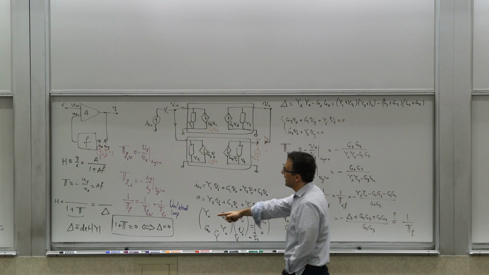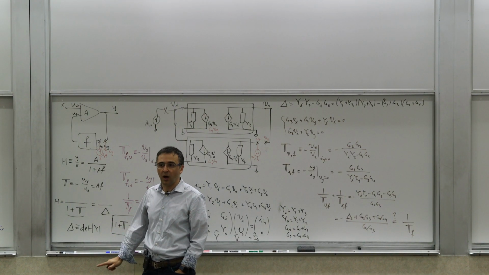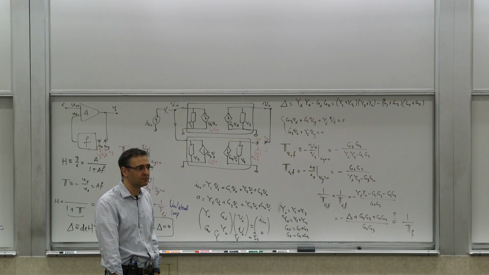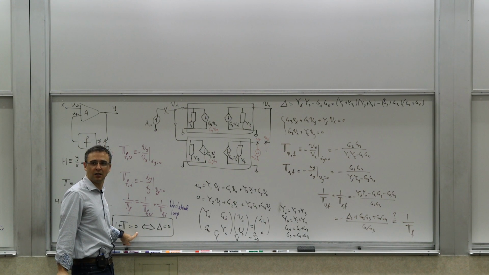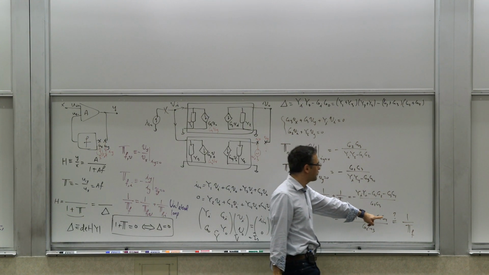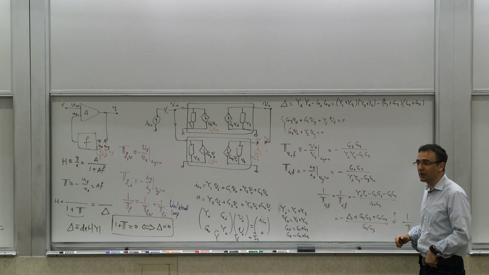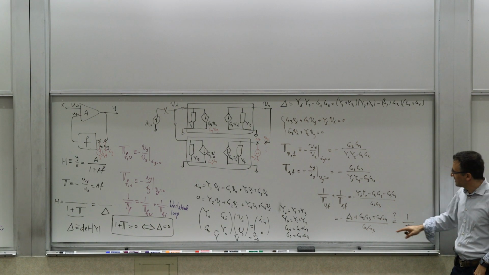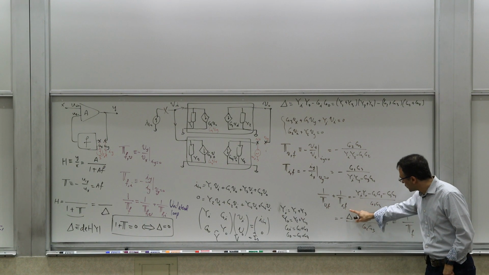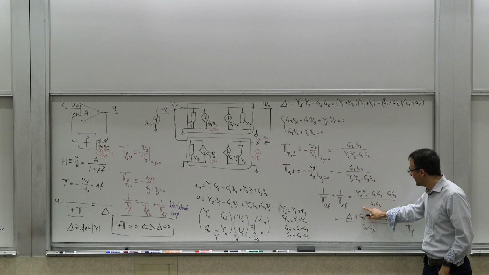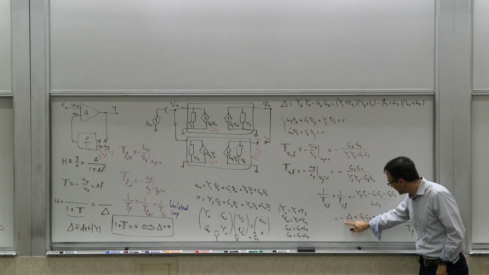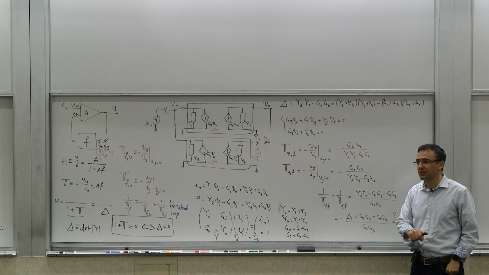This condition means that if the forward loop gain is negative 1, your delta should be 0, right? If this is negative 1, then this becomes 0. So if I set this TF to negative 1, the right-hand side of the equation becomes negative 1, so there's a minus sign here. If you set this to 1, it should say delta equals 0.